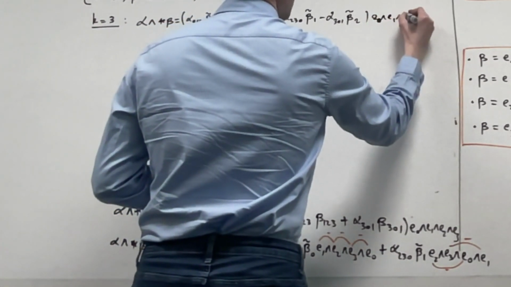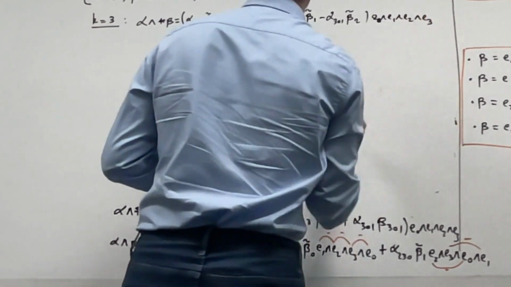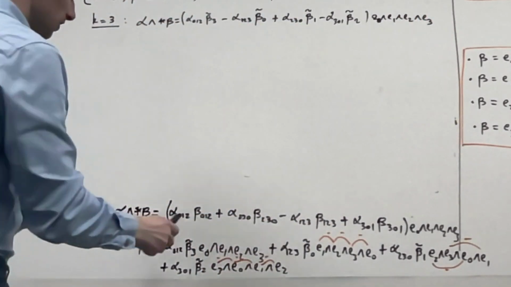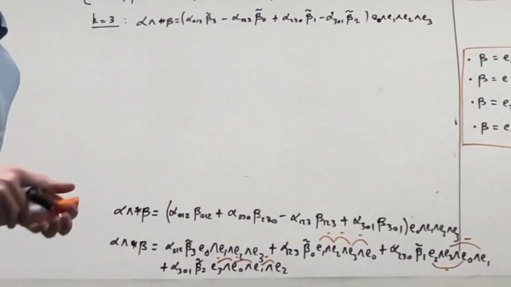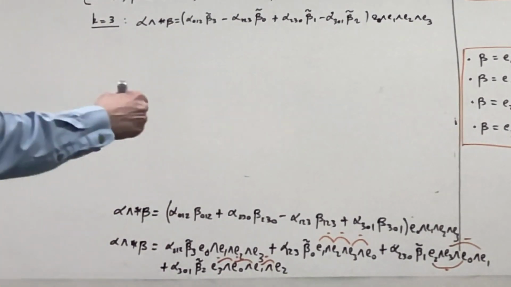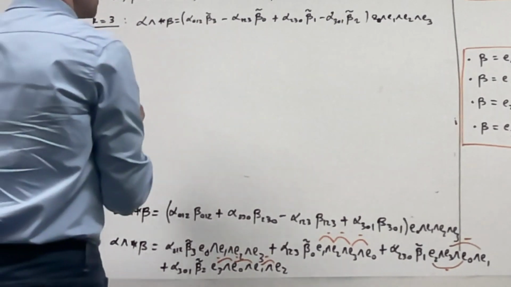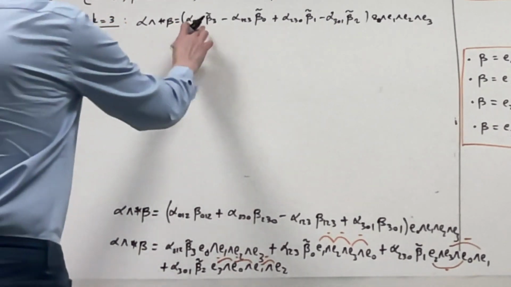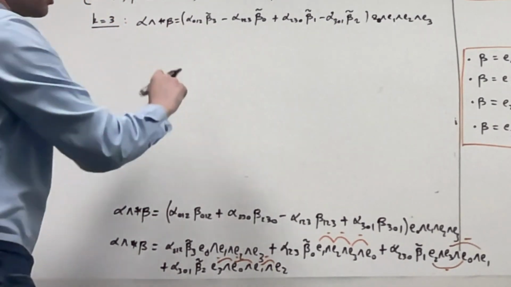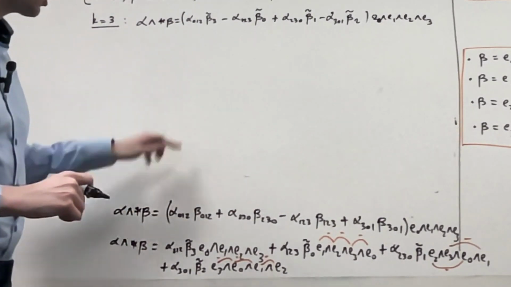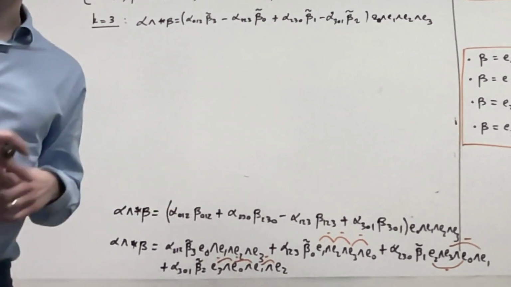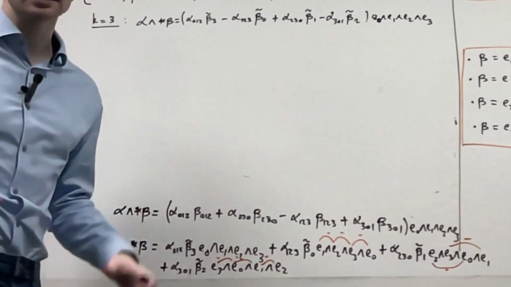E0, E1, E2, E3. Okay, and what I want to do is compare it to this particular expression. So what I get when I do that is I look at what is in front of alpha 0, 1, 2, because this is supposed to be true. This equality is supposed to be true for any alpha. Okay, so it's not like something that can happen accidentally.